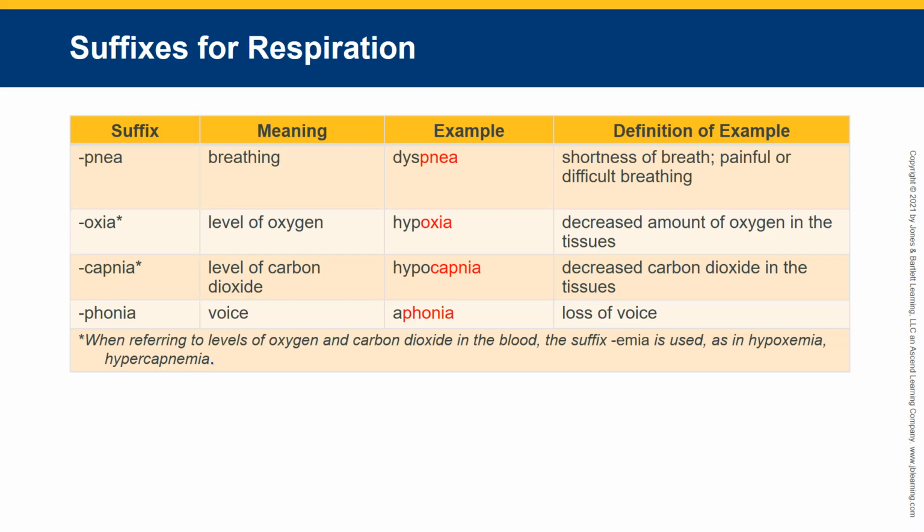Hypoxia is low blood oxygen. Capnia, where oxia refers to levels of oxygen, capnia refers to the levels of carbon dioxide. So hypocapnia. And phonia is referring to voice. So that sounds like something that would be vocalized, right? So aphonia is a loss of voice, no voice, right? A is without. So aphonia, without a voice.